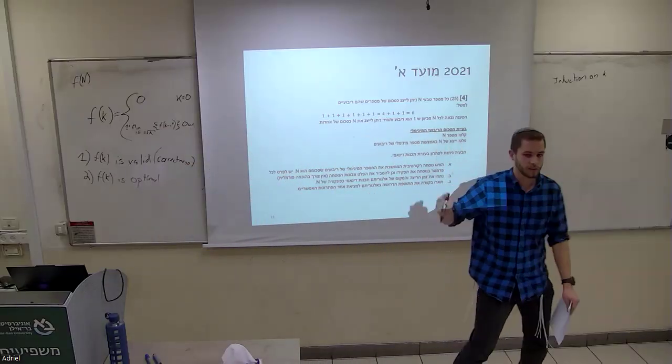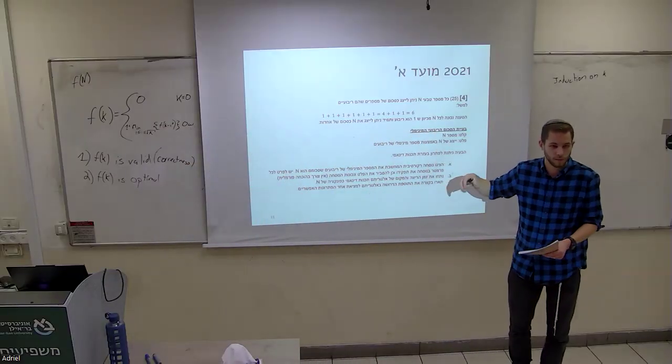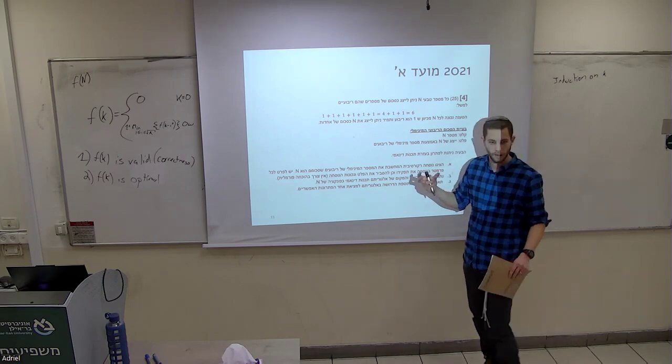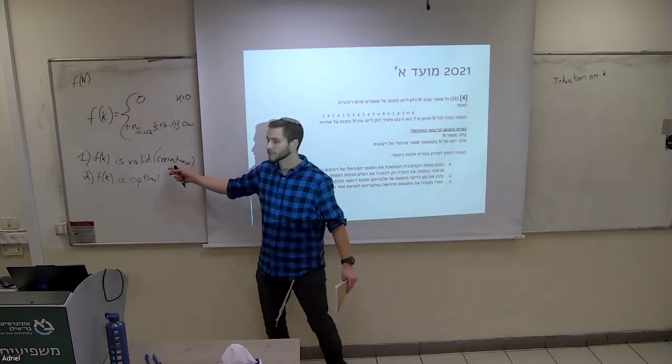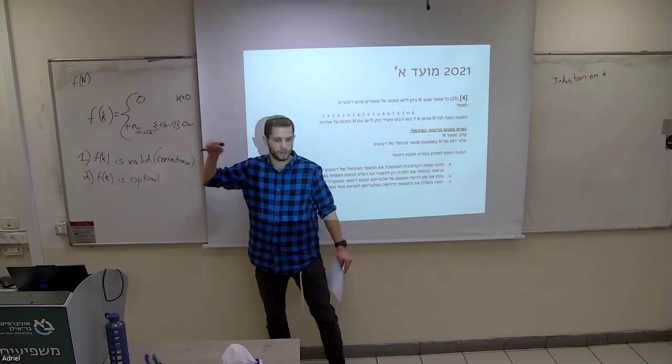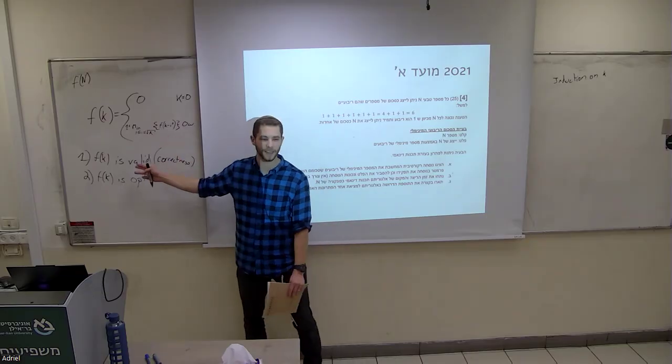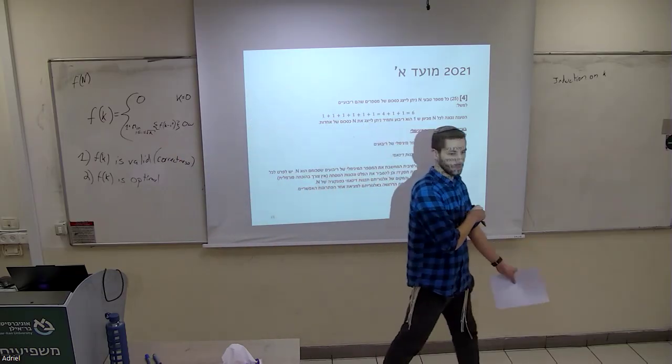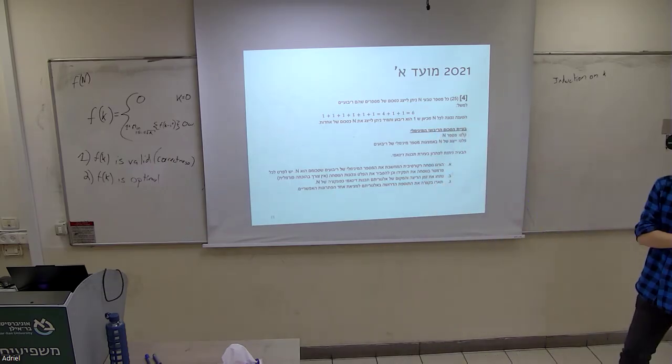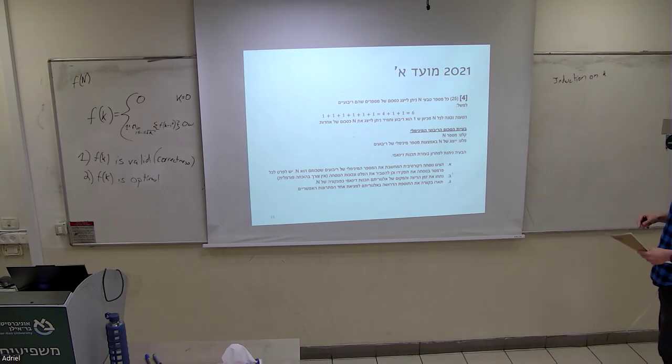Because if the algorithm is correct, it means it returns the minimum amount. Valid means that it returns a correct answer. Optimal means that it's the minimal one. Exactly.